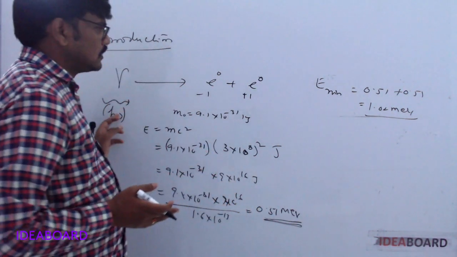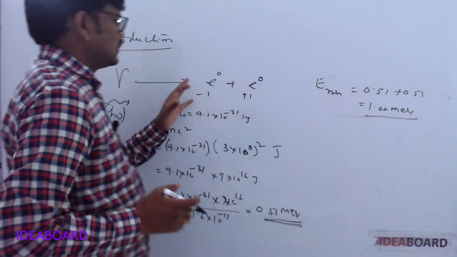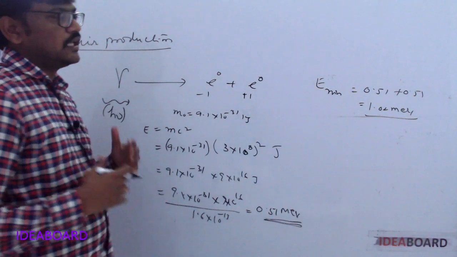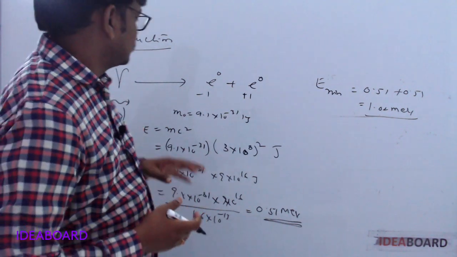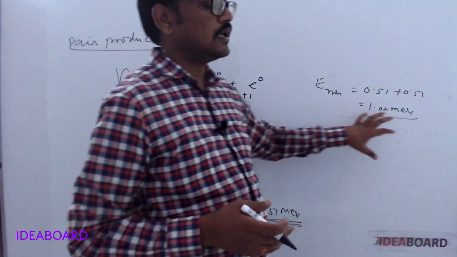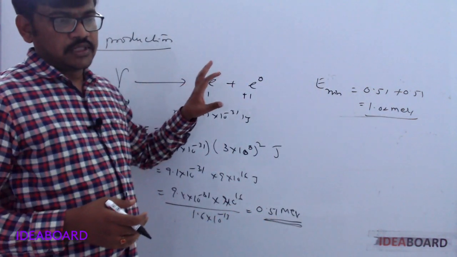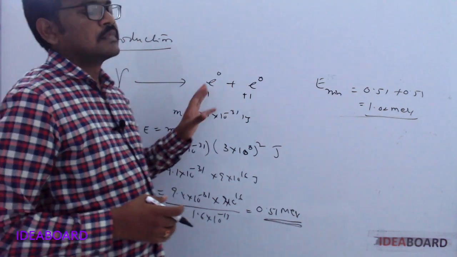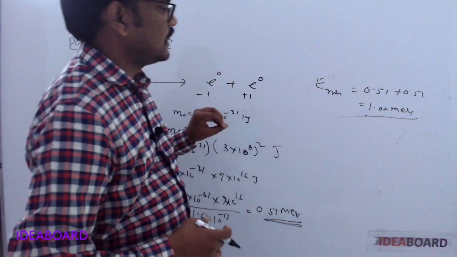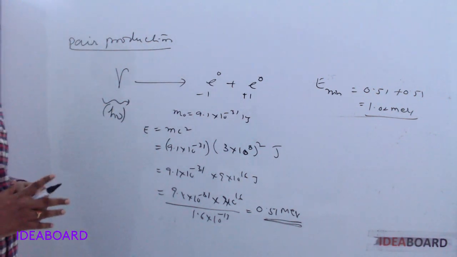If it is equal to 1.02 MeV, we get electron and positron without any kinetic energy. If the energy of this gamma photon is greater than 1.02 MeV, we get electron and positron pair having some kinetic energy. So this is called pair production.